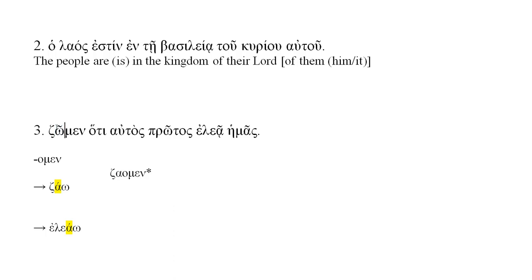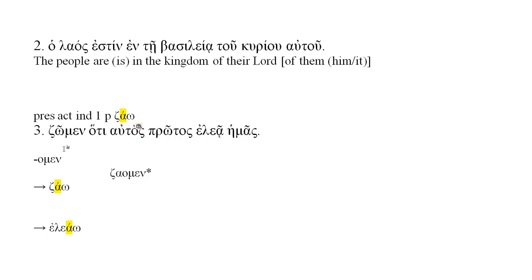So that's what we have here. We have an omega. Notice that the circumflex shows us that some kind of contraction occurred. So we're looking at a present active indicative, first person plural, and our root is zao. I'll just copy that up there. You don't need the yellow highlighting. I just put that in there to show the contract vowel.